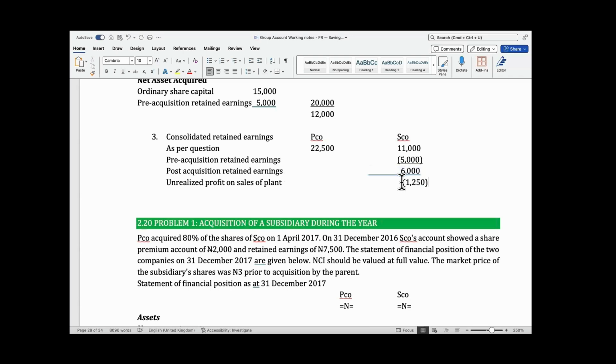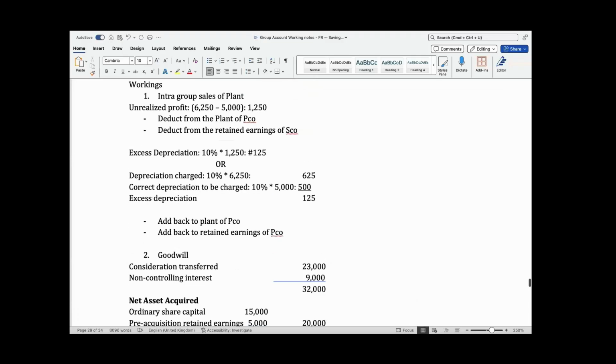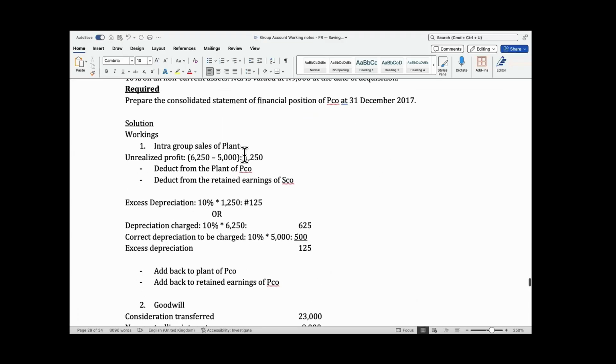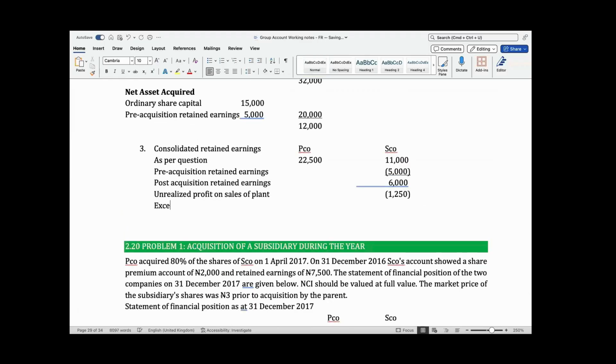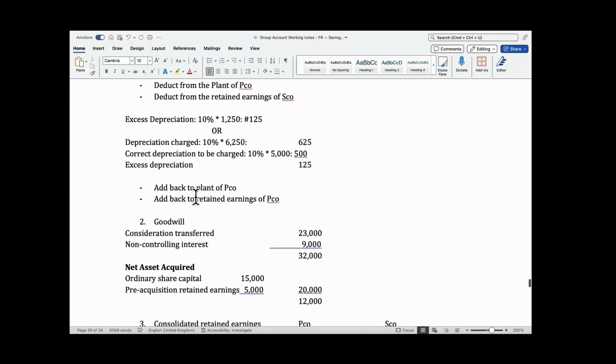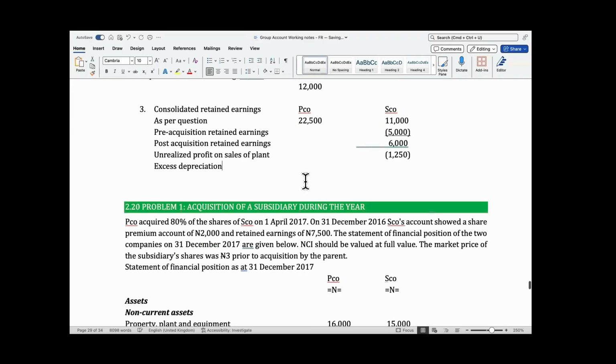He made 150. Then also, excess depreciation. You said add it back to the retained earnings of Pico. How much was it? 125.